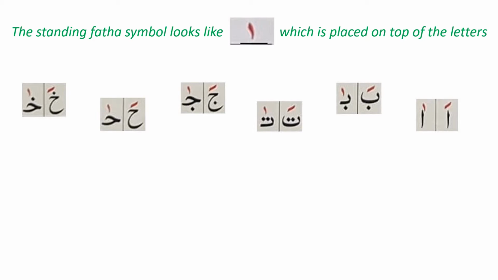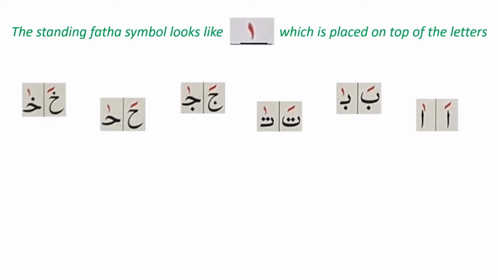In other words, you stretch it twice itself, so you stretch it for a second longer. So we have a. The next example, ba fatha ba, standing fatha ba. Do you get this? We have da fatha da, standing fatha da.